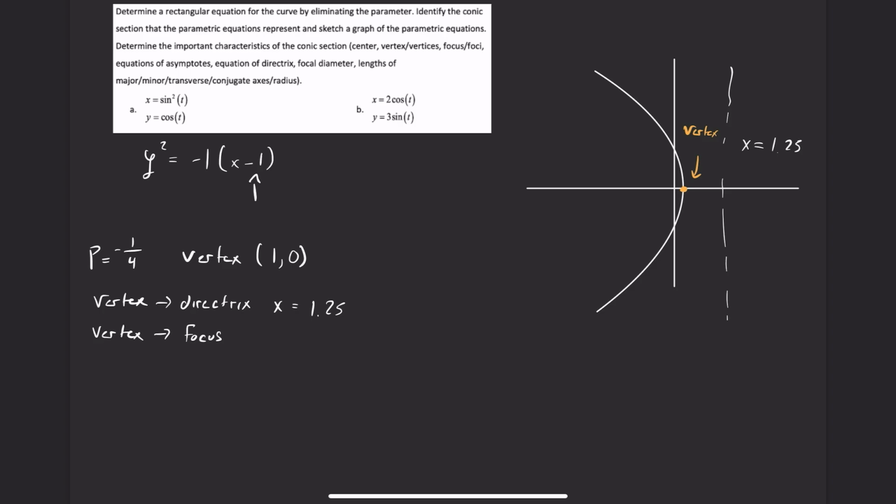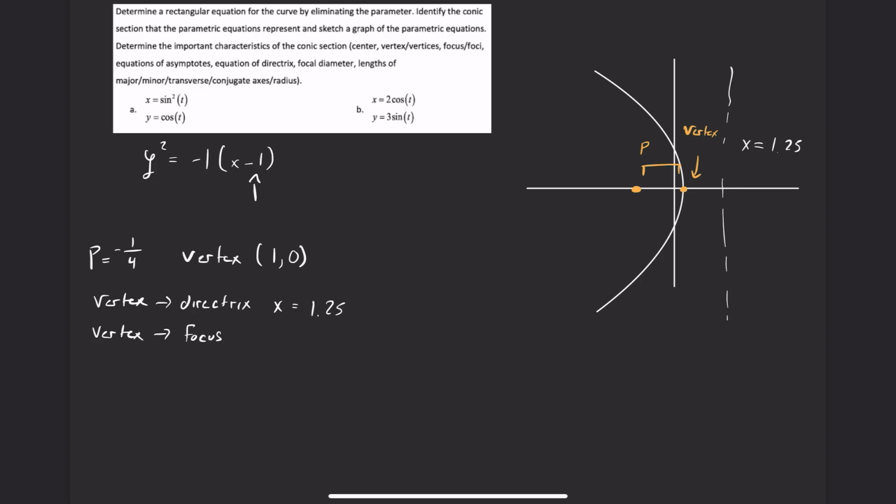Okay, so now our focus, remember, the parabola will always eat its focus, meaning it will open towards the focus, and the directrix is always behind it. It's a distance of p from the vertex to the focus, so this is a distance of p. And now p is -1/4.